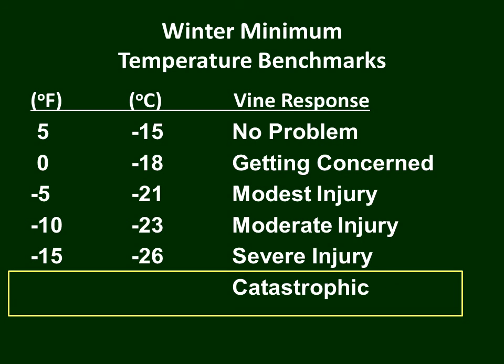But still, the temperature itself is catastrophic when we have something that low, and that points out how poor a choice it would be to put a vineyard in that valley bottom of this particular small valley in southwest Michigan.